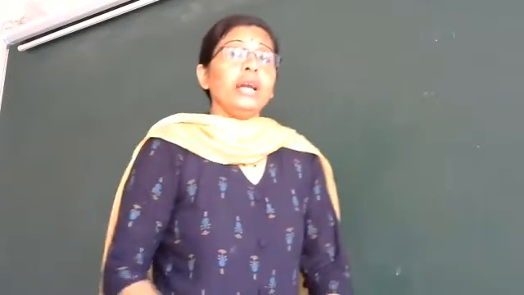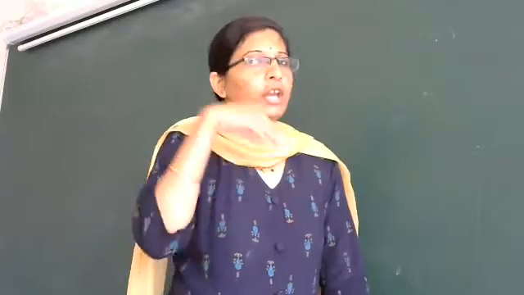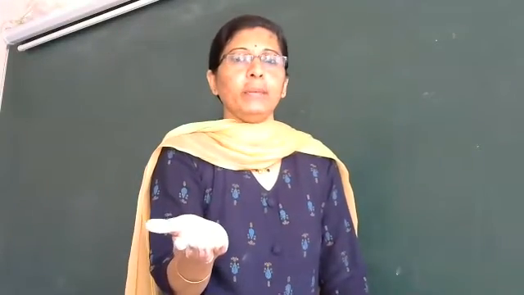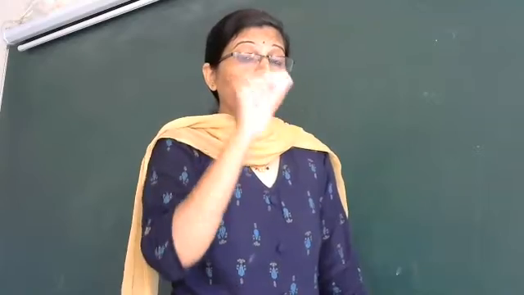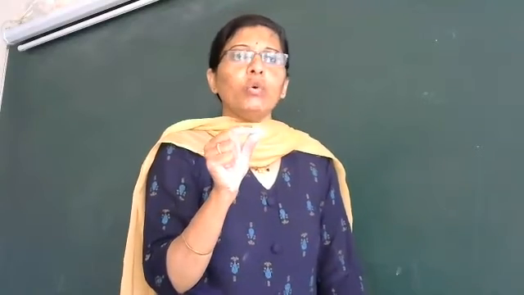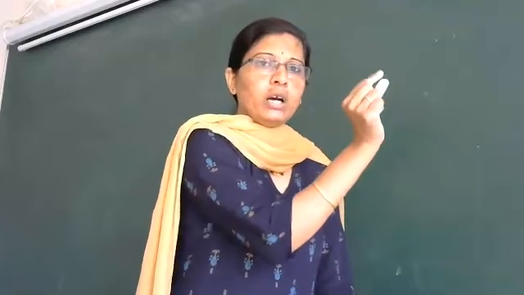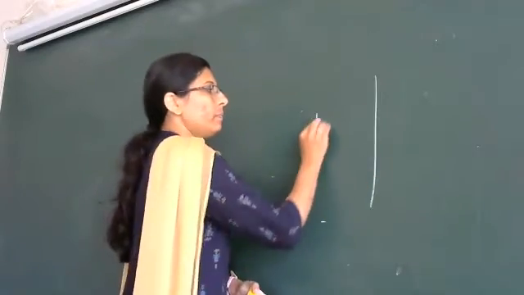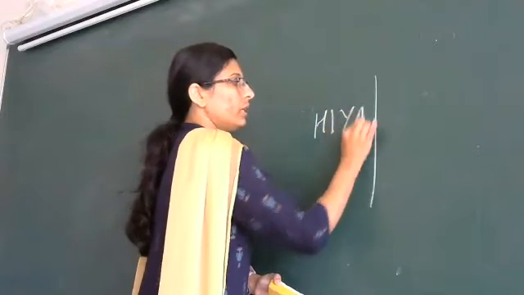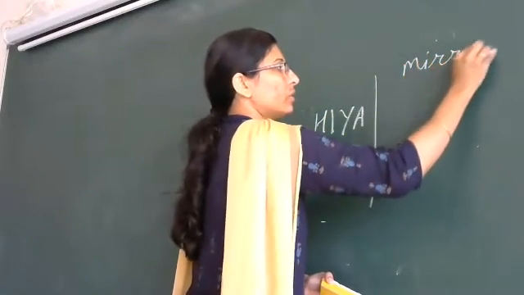Now what you have to do? It's like an activity. You write your name and see how it looks in the mirror. In your notebook you write your name here, and on this side the mirror image.